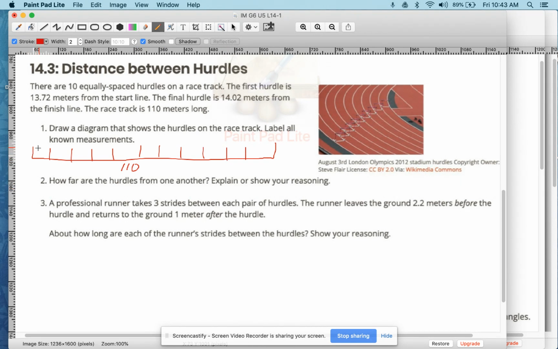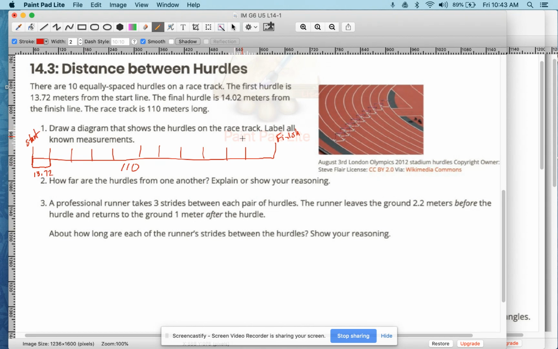Okay, so this is the start. This is the finish, and I have 10 hurdles in between. And they gave us more information. They said the first hurdle is 13.72 meters. So in between this one and this one, we have 13.72.